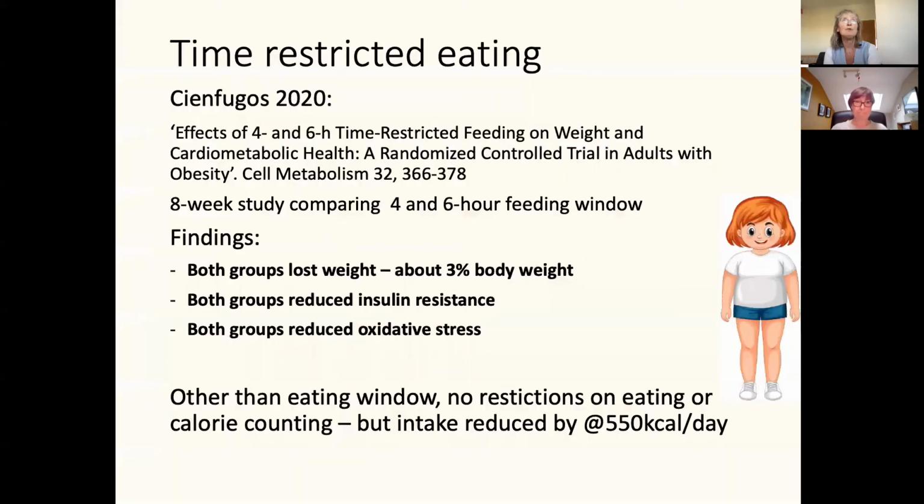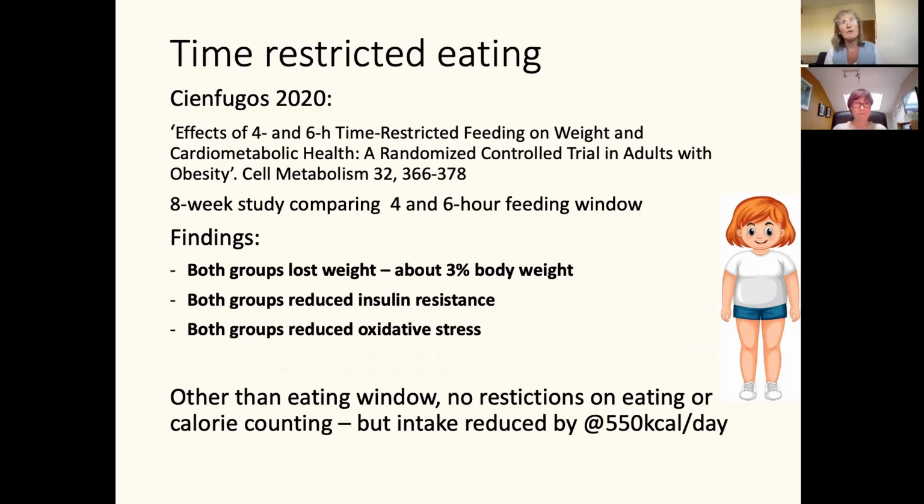So I'm going to move on then to talk about time-restricted eating and the benefits of using an eating window as opposed to anything else. What this study looked at was the effect of time-restricted eating, having a time restricted feeding of either 4 hours or 6 hours.